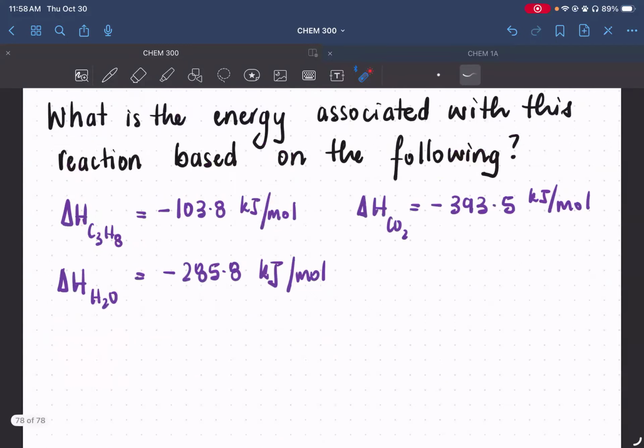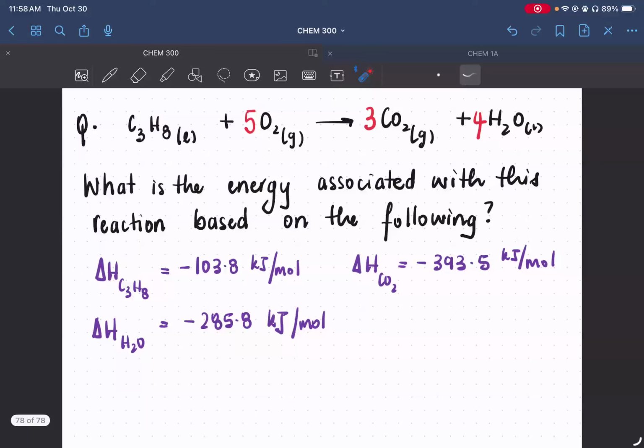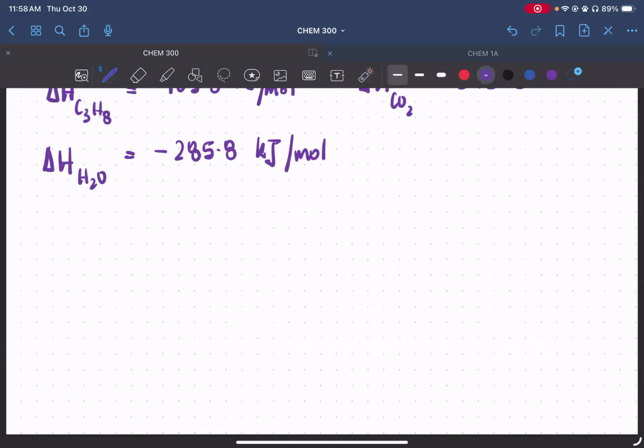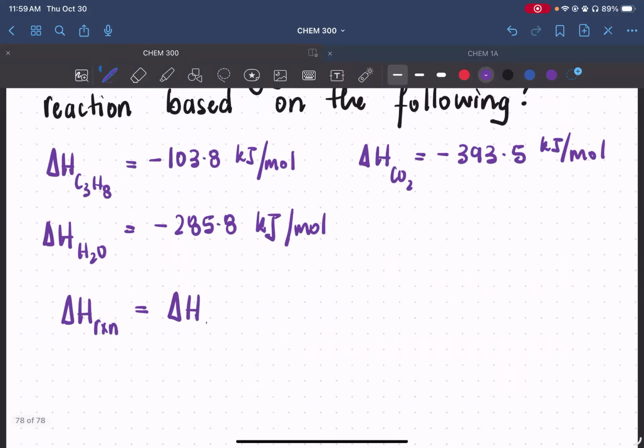Now let's actually do it. To calculate the energy associated with the entire reaction after being given the energies of specific chemicals, the equation is: standard delta H of the reaction is equal to delta H of the products minus the delta H of the reactants.